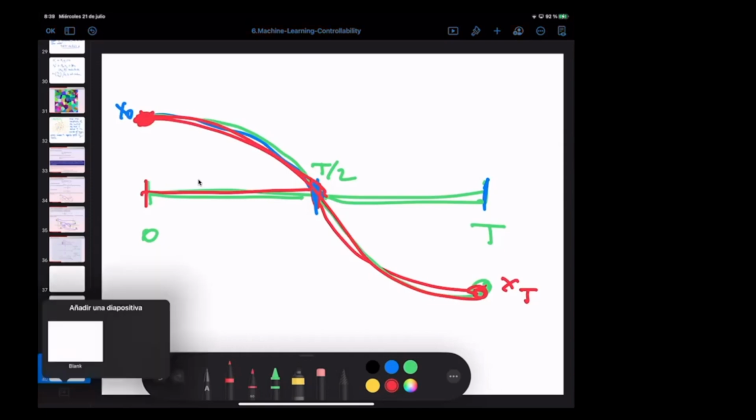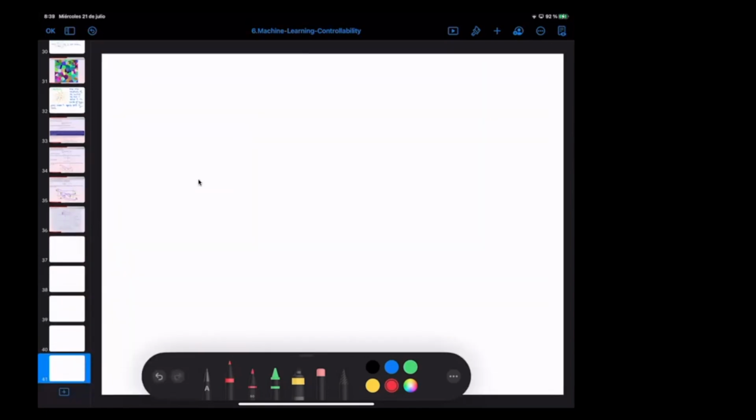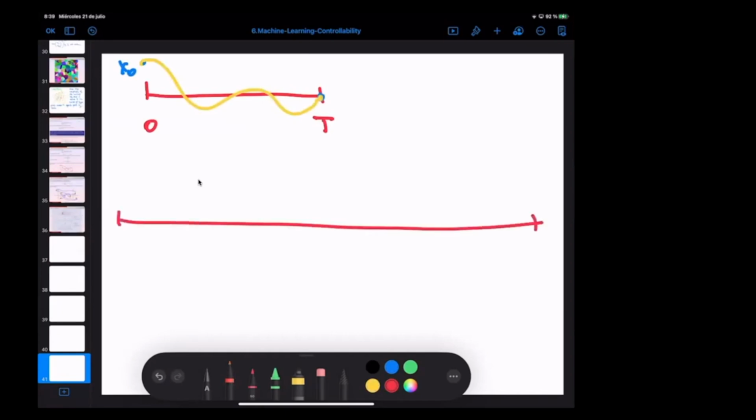Or in another manner, you could also say, well, whatever I could do in time capital T, to move from, say, x0 to 0 by means of a suitable trajectory. Now, you could also argue differently, and say, okay, I increase the time by T. So I pass from the time horizon 0 to T into the time horizon 0 to 2T. And then if you ask me to go from x0 into xT, then I will do it in 2 steps.